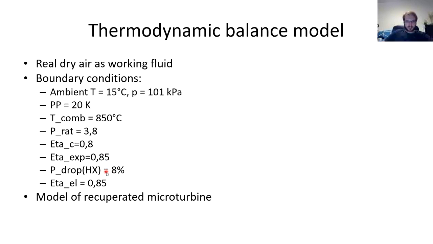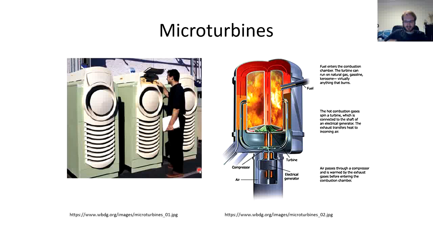In all heat exchangers and also in the combustion chamber, we will assume that there is a pressure drop of 8% of the absolute pressure. And last but not least, the efficiency of the generator and all electrical systems will be 85%. This 85% is not just the efficiency of the generator itself, because these systems typically have very high rotational speeds, tens to even hundreds of thousands of RPM.